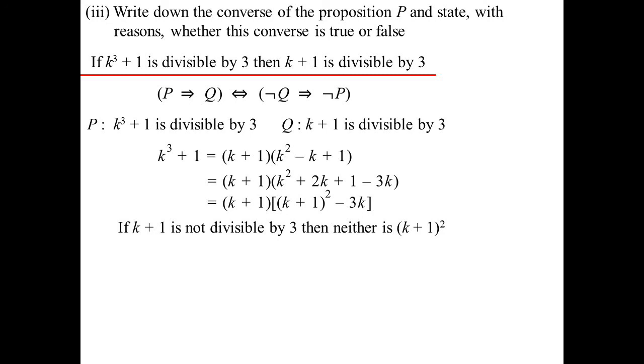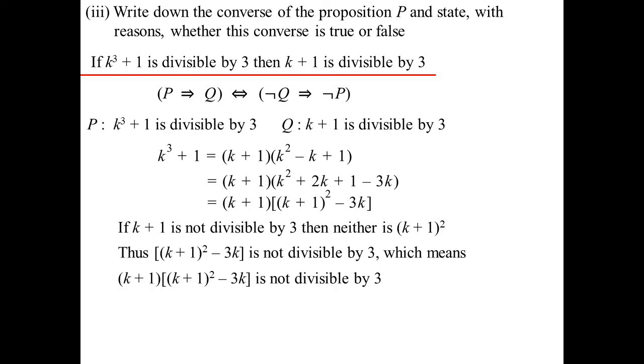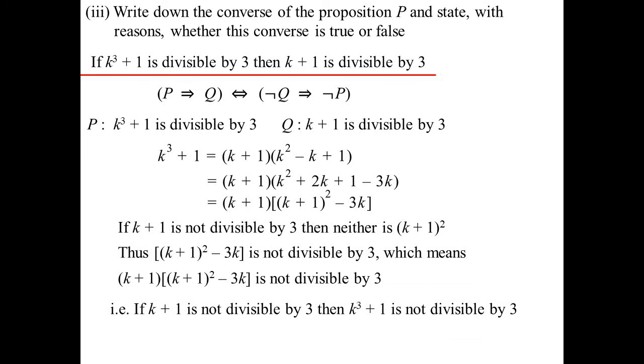So if k plus 1 is not divisible by 3, I know k plus 1 squared is not divisible by 3. Therefore, k plus 1 squared minus 3k is not divisible by 3, which means the whole thing is not divisible by 3. So in other words, I've just proven that if k plus 1 is not divisible by 3, then k cubed plus 1 is not divisible by 3.